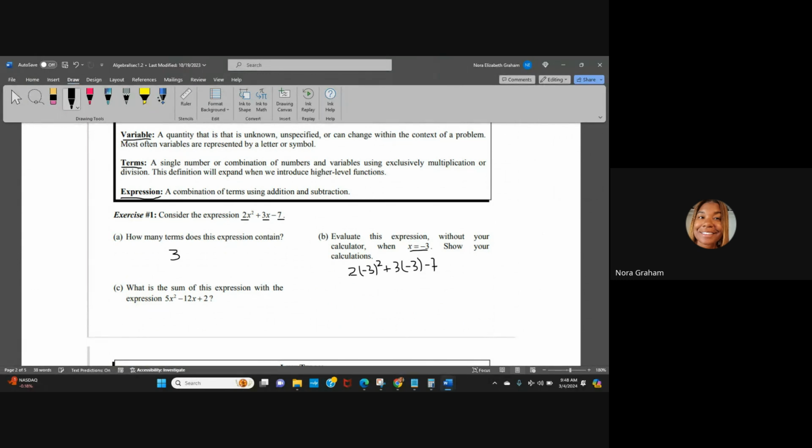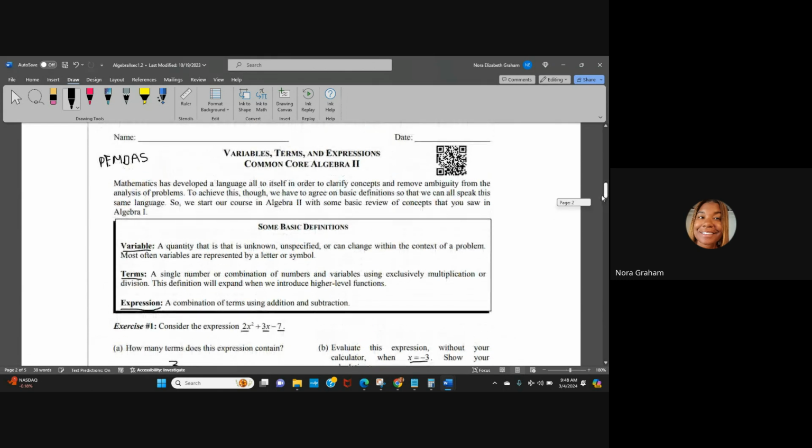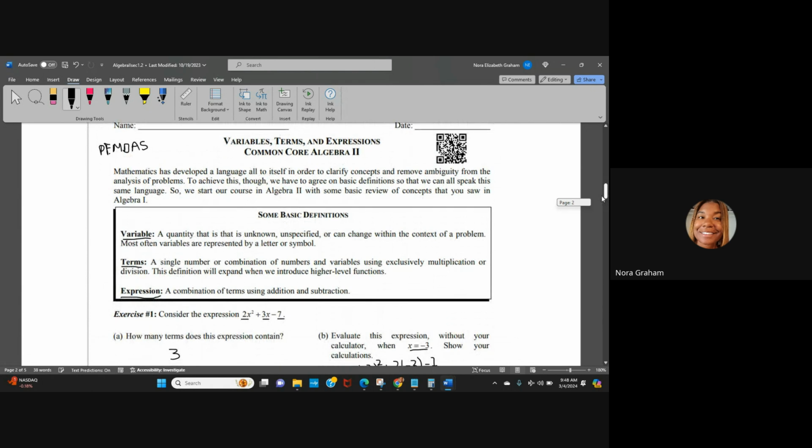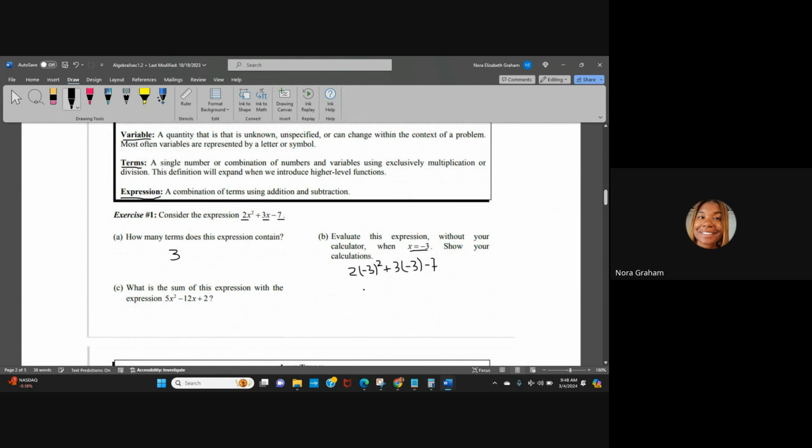Now, again, I'm going to use PEMDAS: parentheses, exponents, multiplication, division, addition, subtraction, to work through and solve this. I know I have parentheses in here, but the first thing I'm going to do is my exponents.